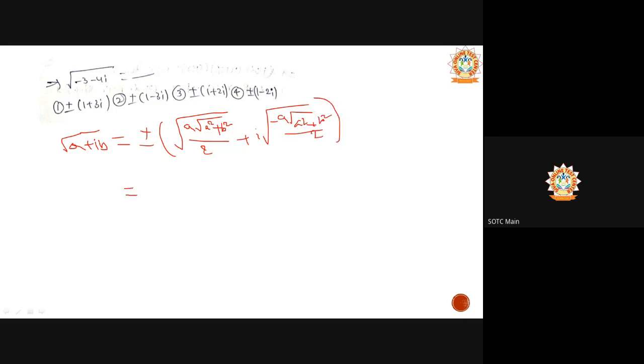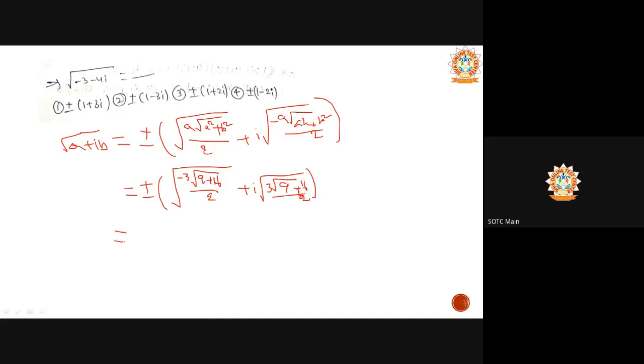So substitute the values of a and b. Plus or minus under root, a is minus 3, so 3 square, 9, plus minus 4 square, 16, divided by 2, plus i under root, minus a means 3, plus under root a square plus b square, that is 9 plus 16, divided by 2.